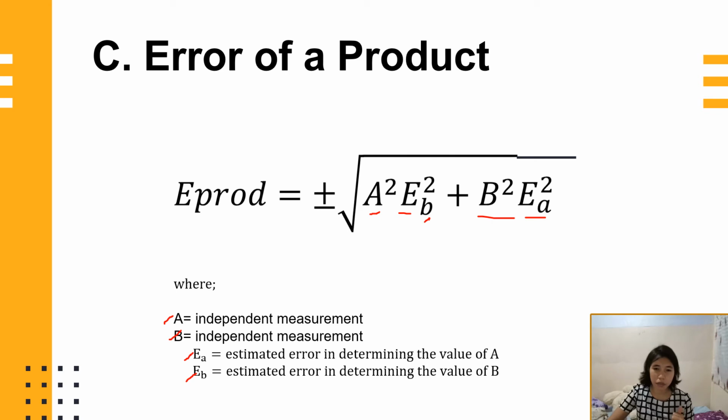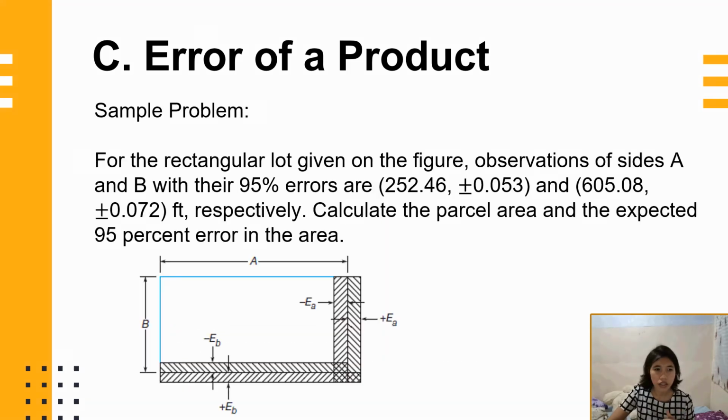So I have a sample problem. We have here a rectangular lot given in the figure, as you can see, with observations of sides A and B with their 95% error of 0.053 for the length and 0.0672 for the width.